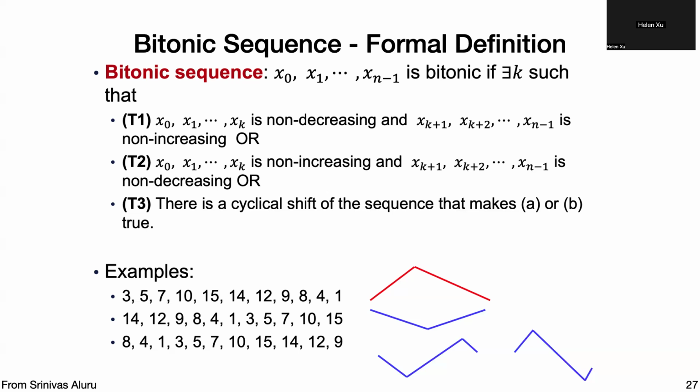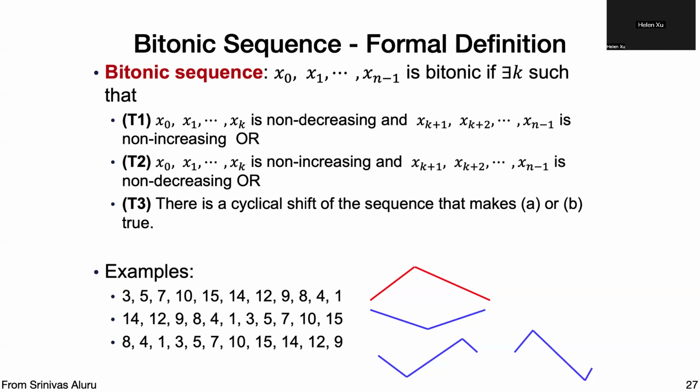Thinking of A and B, here A is less than B, because this part is going up starting from 1, then going down starting from 14, and then going down again, 8, 4. If you put 8, 4 at the end here, then that would be up and then down. And 8 is smaller than 9.